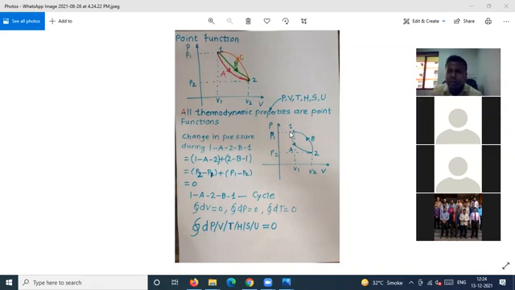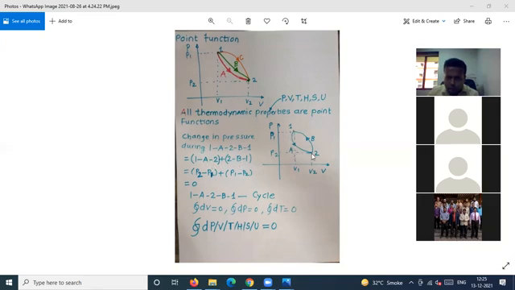So you need to calculate separately the change for every process, and then we need to add. So change in pressure during this cycle is given by change in pressure during 1A2 plus change in pressure during 2B1.